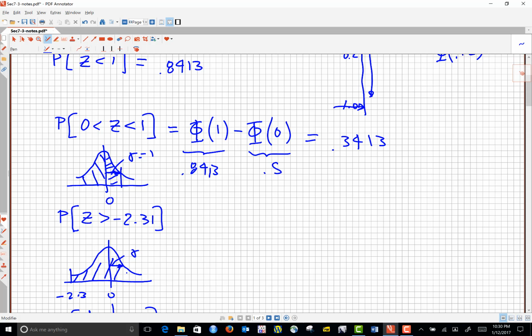I'm looking for that probability, and so this would be 1 minus that, and that's 1 minus capital Phi at minus 2.13, and that's a table value, and so it's simply 1 minus 0.0014. That's 0.9886 when all is said and done.